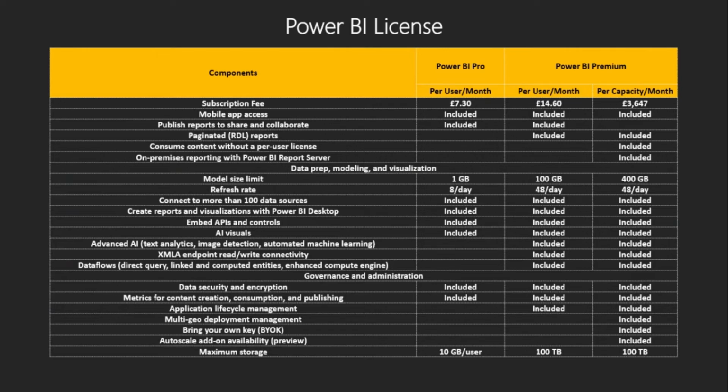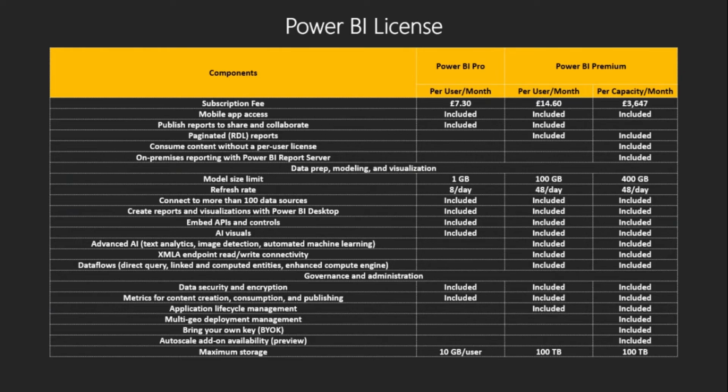If you think you need more out of your Power BI and Power BI Pro might not be a good fit, you have the option of Premium. On top of Power BI Pro, the Premium per user license includes more features like paginated reports, advanced AI, dataflows, and XMLA endpoint read-write connectivity.